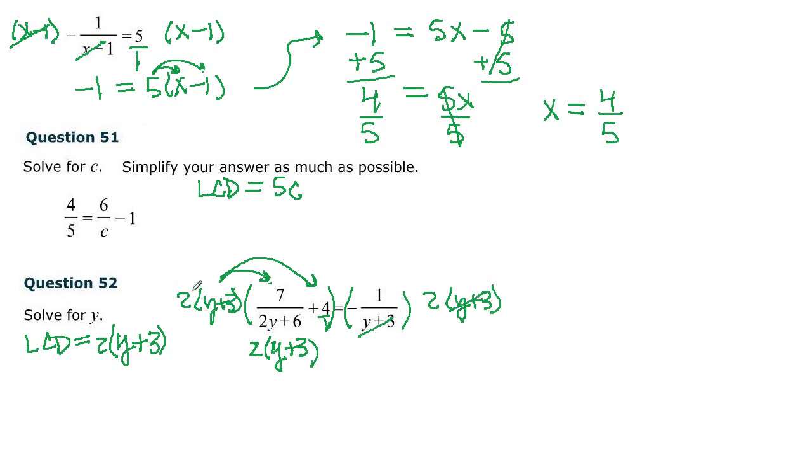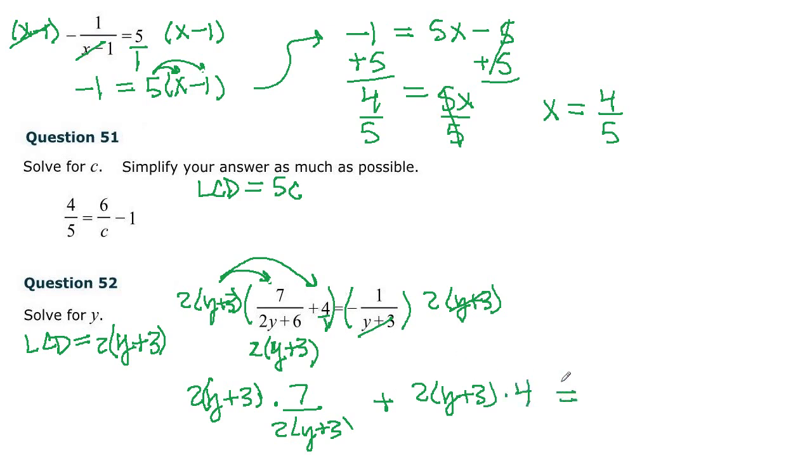On the left-hand side, we've got 2 times y plus 3 times 7 over 2 times y plus 3. So I'm using this instead of this. Plus 2 times y plus 3 times the 4 right there. And then equals on the right-hand side, negative 1 times 2, negative 2.